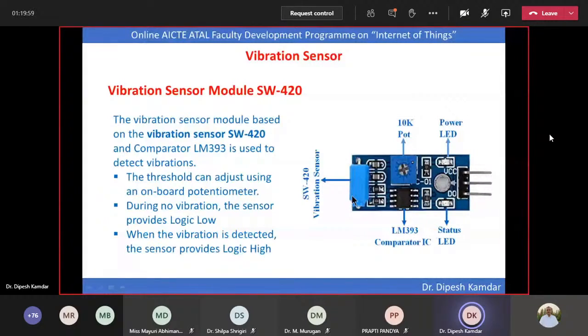If vibration goes above the threshold value, which is set with this 10K potentiometer, then it gives me the output as logic high. If there is no vibration or vibration below the required threshold level, then it gives me output low, because the vibrations are less.